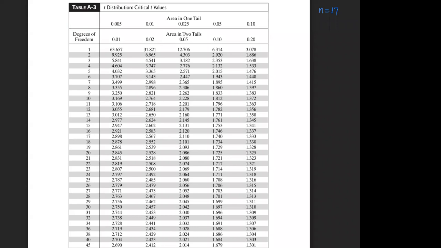And if you took the data and found the X bar and S, X bar, the sample mean, would be 19.88, and the sample standard deviation, S, is going to be 8.38, okay? So X bar is 19.88 and S is equal to 8.38.